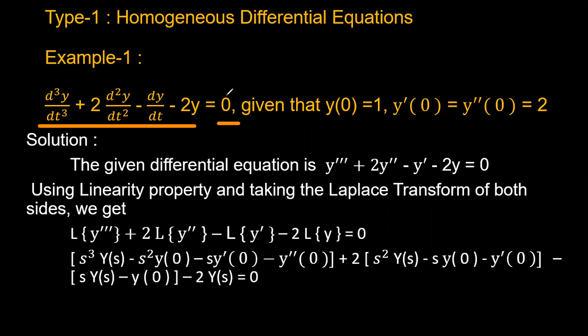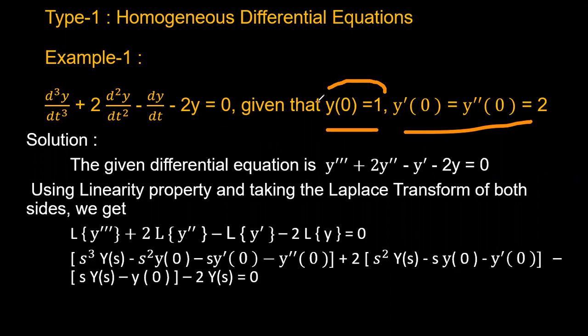Along with this equation, it contains the initial conditions: y(0) equals 1, y'(0) and y''(0) equals 2. Wherever these initial condition values appear, you have to substitute the values 1 and 2.